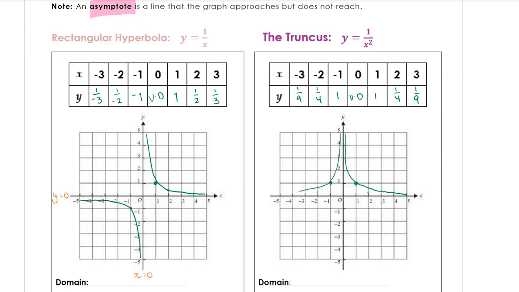Now, all this means is that this gets mirrored in the y-axis instead of that line y equals x. We've still got that key point here at 1, 1 and negative 1, 1, whereas with our hyperbola, it happened at 1, 1 and negative 1, negative 1, okay? Our asymptotes for this untransformed graph are still going to happen at y equals 0 and x equals 0 because our graph cannot touch that point, okay?